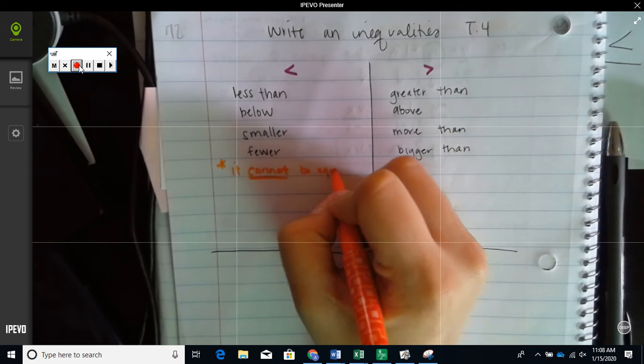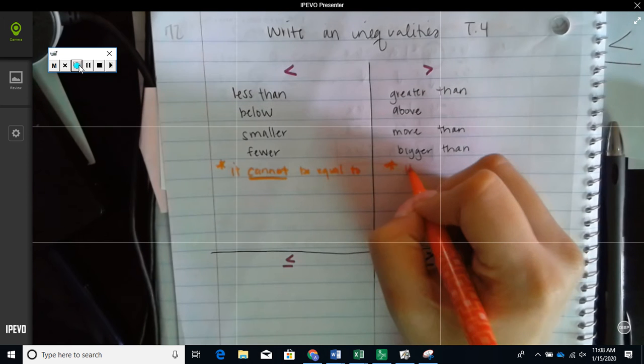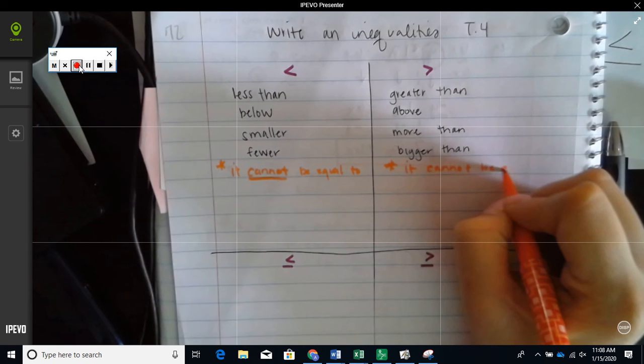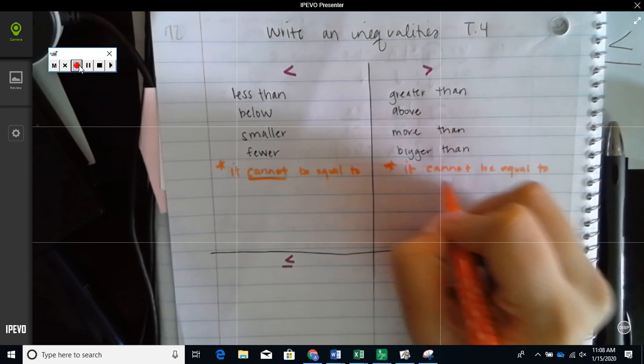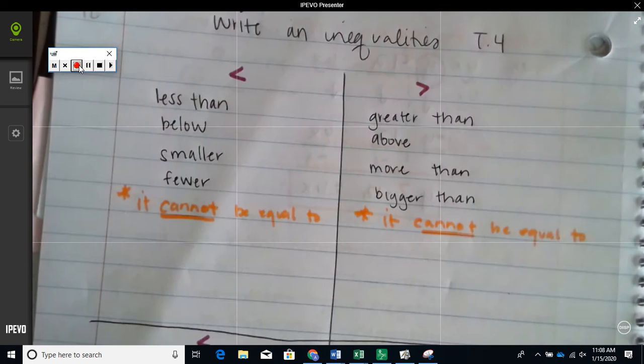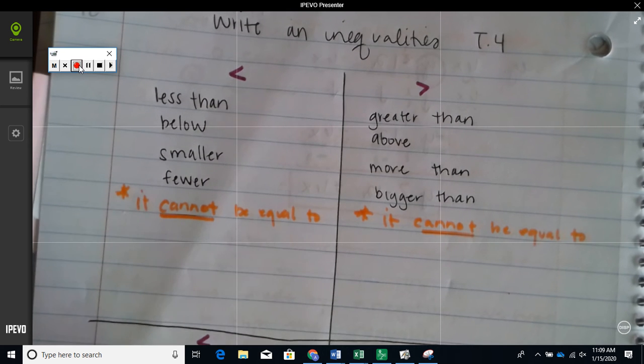These cannot be equal to the amount that they're talking about in the problem. So these are bigger or less than a certain amount, but they cannot be equal to that amount. Now, if they can be equal, then you pick the other inequality. Got it, Jamarian?